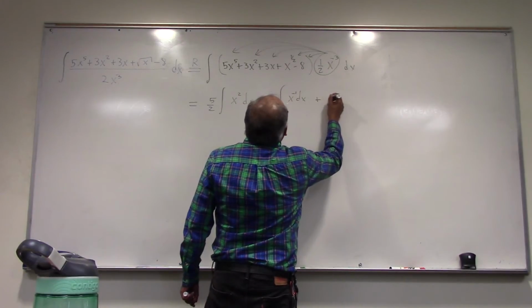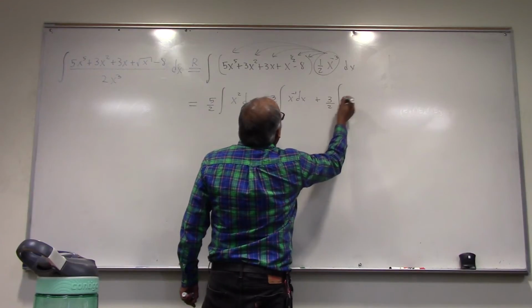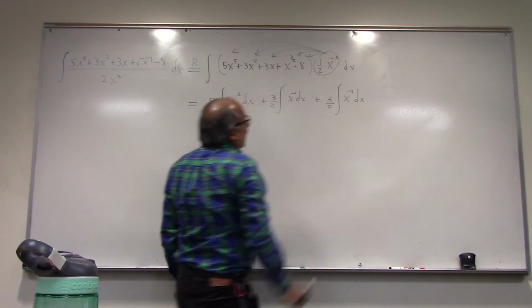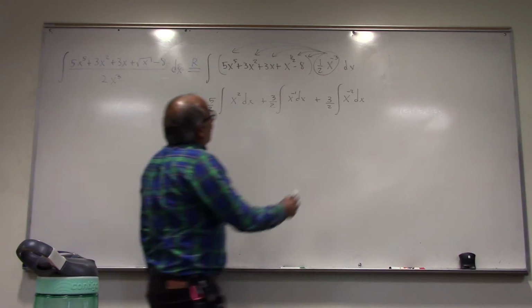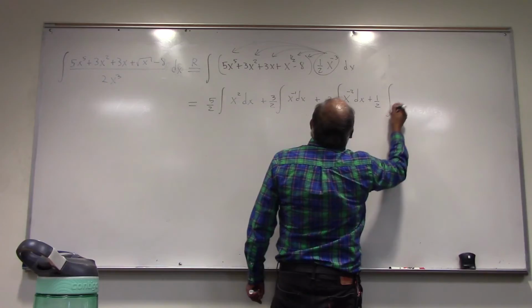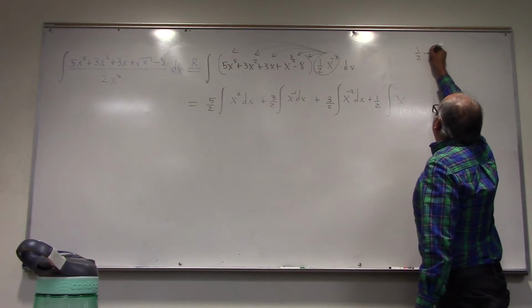Plus 3/2 the integral of x to the negative 2. Did you get it, guys? Yeah. Plus 1/2 integral of x to the, and then you add the fraction 1/2 minus 3. How much is 1/2 minus 3?